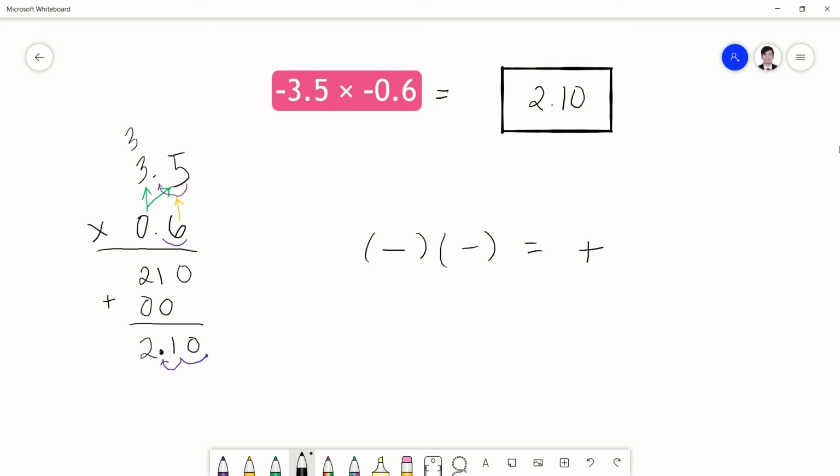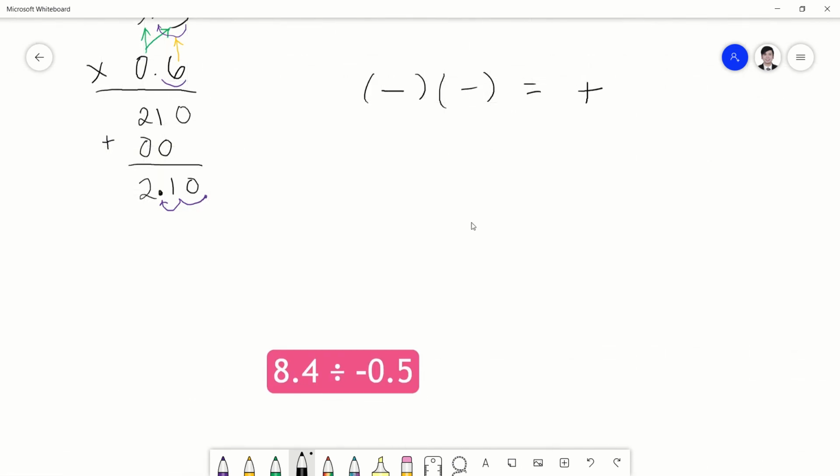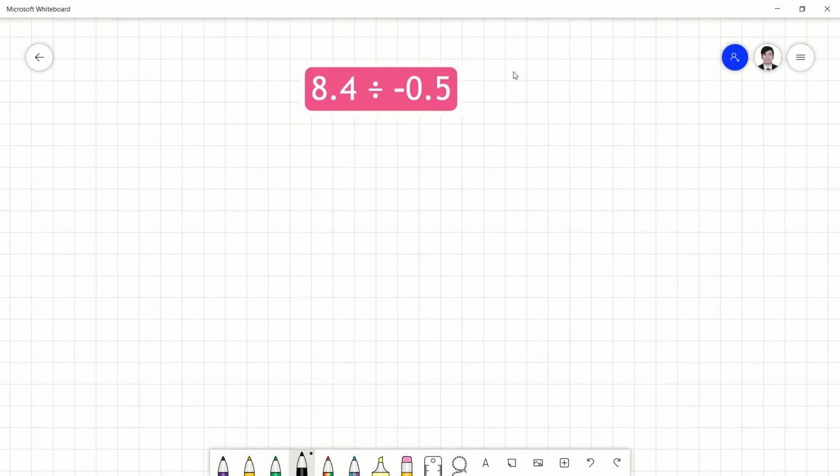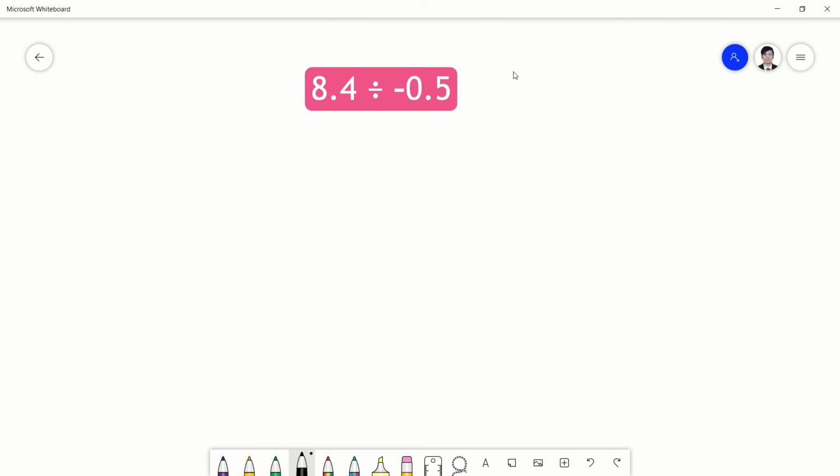Okay. Let's try another one. We have here 8.4 divided by negative 0.5. What we need to do is use long division. The dividend is 8.4, to be divided by our divisor 0.5.